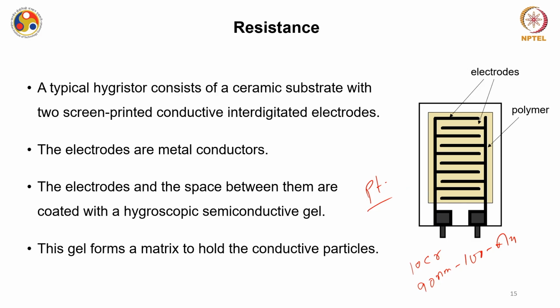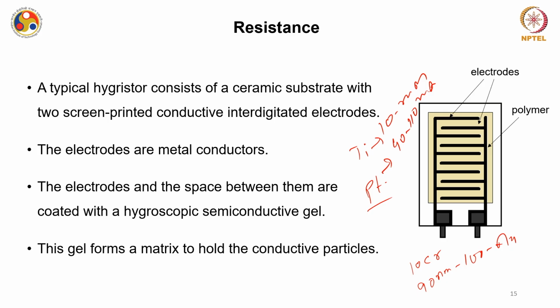So in those conditions we first deposit titanium as an initial seed layer, about 10 nanometer, and on top of that 90 to 110 nanometer of platinum. Those kinds of electrodes are deposited on the silicon or ceramic substrates because they avoid any kind of corrosion of the material. So we do not use corrosive material for this electrode formation.